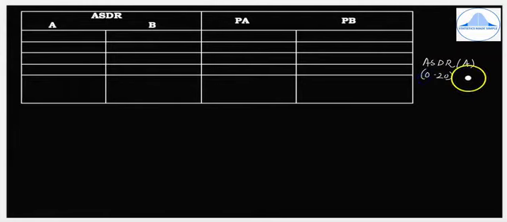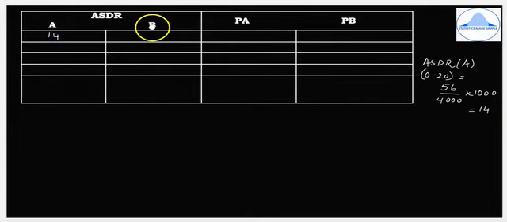There's no need to show all the calculations. I'm just showing it so that you understand how to calculate. This is nothing but deaths, that is 56, divided by the population, that is 4,000, multiplied by 1,000. If you do that, you will get the ASDR value as 14. Then you write 14 here.